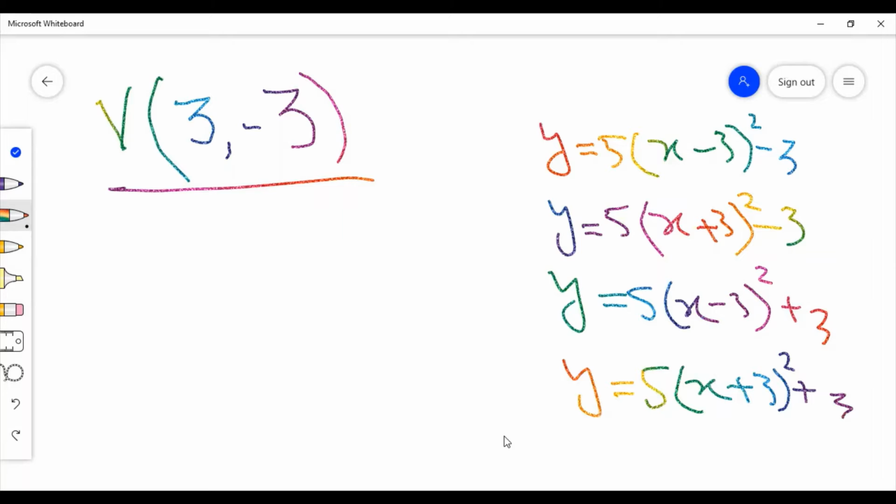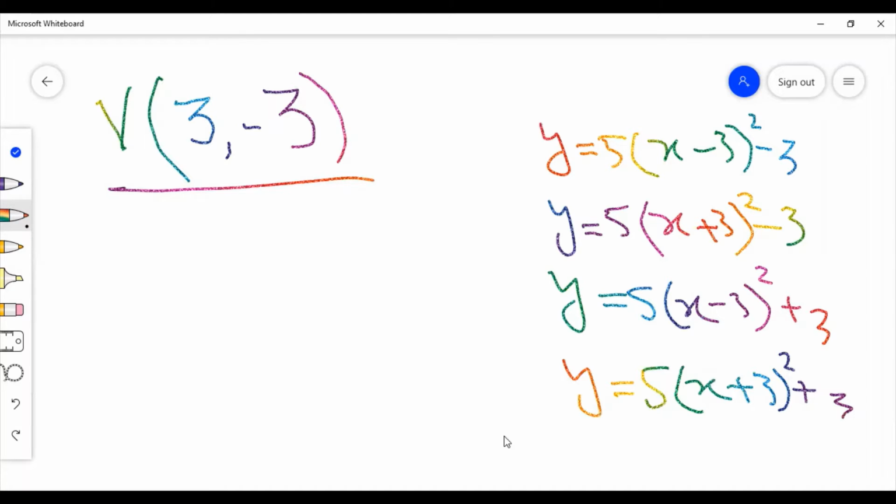you will have to recall the standardized equation of the parabola. What I mean to say is that this is the general equation of the parabola.